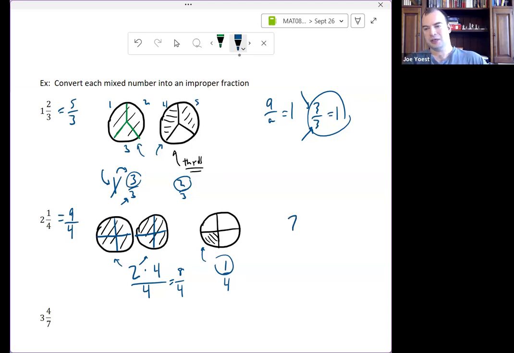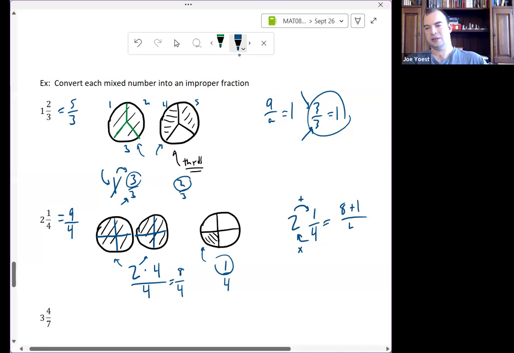So practically speaking, if I have a mixed number, like 2 and 1/4, I multiply denominator times whole number. I add numerator. 4 times 2 is 8, plus 1, and I keep the same denominator. I haven't changed my fundamental way that I slice the pizza.